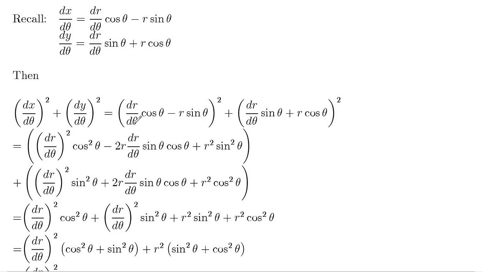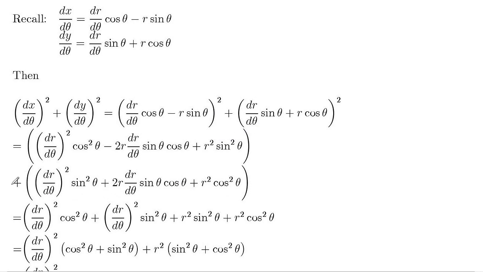So your first terms, you're going to get (dr/dθ) squared and a cosine squared. Outer terms, you get negative r dr/dθ sine cosine. And inner terms, same thing. So you get two of those, r dr/dθ sine cosine. Last terms, negative times negative, positive, r squared sine squared. And then FOIL this one out. Same thing, except a plus sign in the middle instead of a minus.